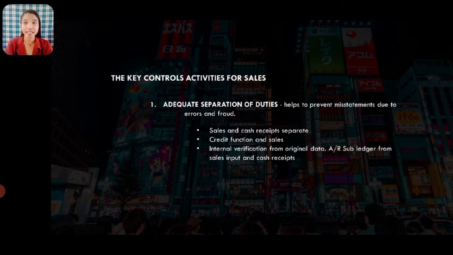For example, the person who records the transaction should be an independent party. Thus, it is separated from the one who inputs the data and the one who verifies the data. In this example, an employee recorded an accounts receivable to the subledger from sales and cash receipts.